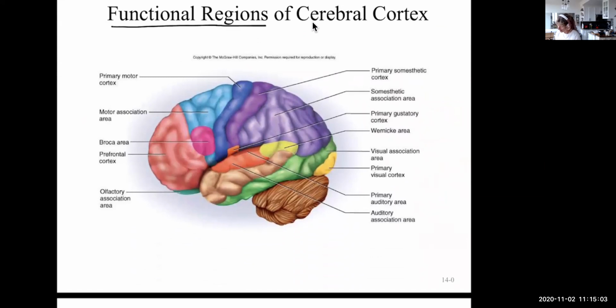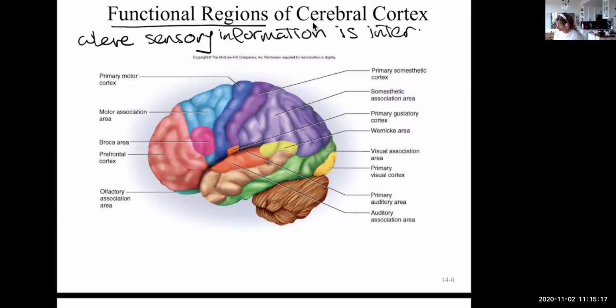This is where sensory information is integrated and a motor response developed and sent to the motor cortex.